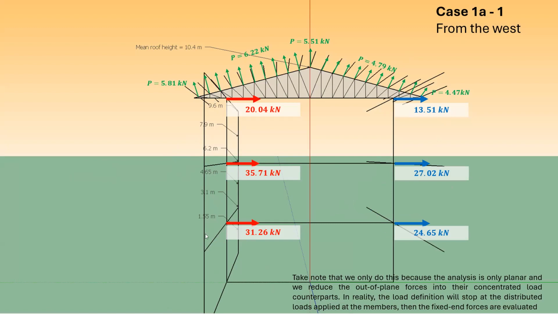Dapat naka-ready lang siya. So ito yung ipa-plugin natin sa MSA. Pero wait lang, before i-plugin sa MSA, we need to consider na okay, since ito yung windward na phase, syempre may overhang siya. And yung overhang, as the code stipulates, dapat meron kang positive pressure na merong pressure coefficient of 0.8.